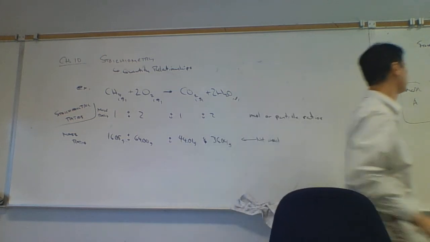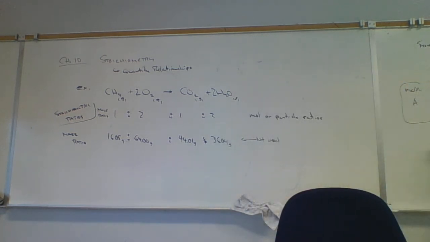So what we're going to do is go from mass of A to moles of A, doing a gram to mole conversion. For a gram to mole conversion, we're going to need the molar mass, inverted here. Then we can do a mole to mole conversion, and then a mole to gram conversion, so we'll go to the mass of B. This is your standard basic stoichiometry problem.